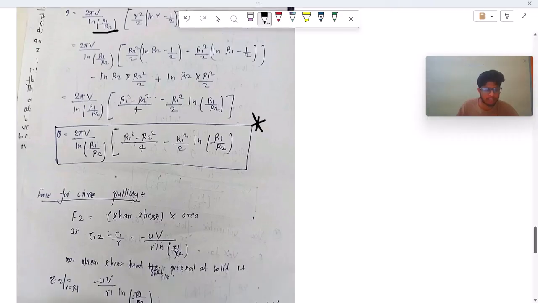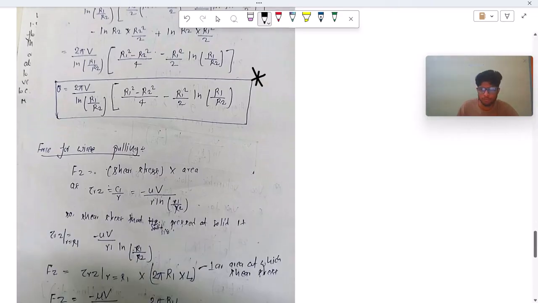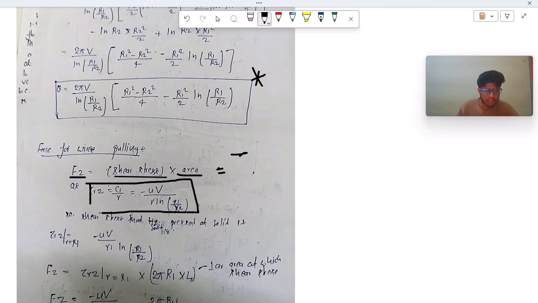Now the next part is that we have to find the force required to pull the wire. If we find the shear stress and multiply it by the area, we get the force. So first of all, we have to find the shear stress acting on our solid, that is, on our wire.